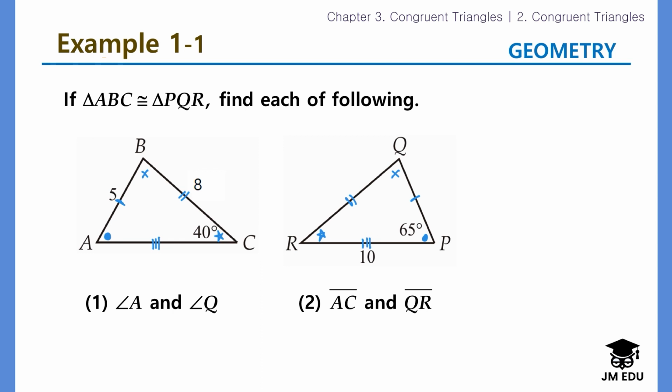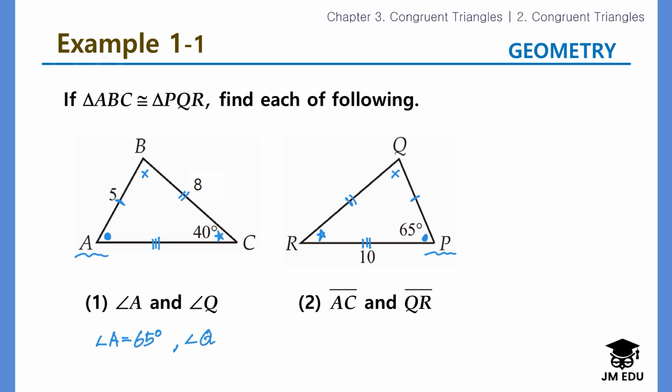So number one, we have to find angle A and angle Q, right? So angle A is equal to, here this angle is congruent to this angle right here. So that's a 65, right?